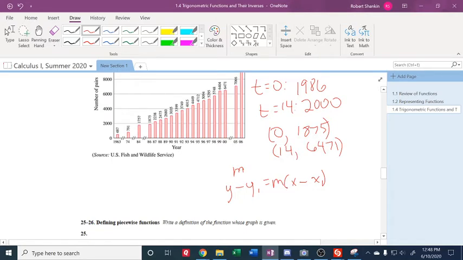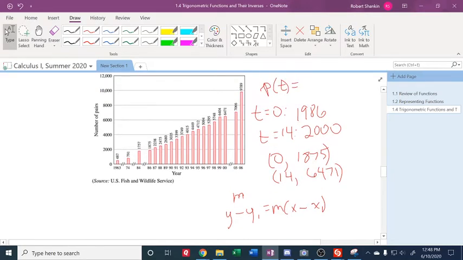Instead of y's and x's, you can be using t's and p's, so it could be t minus t1, and p minus p1.